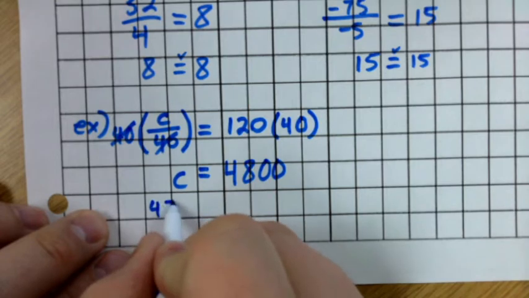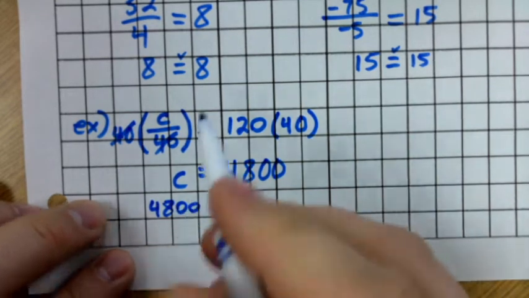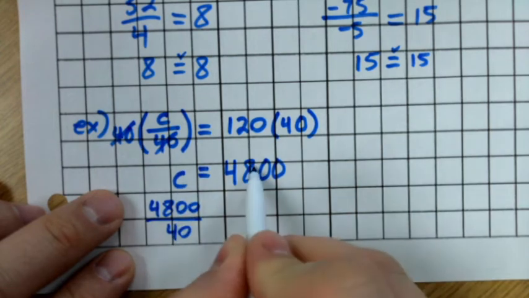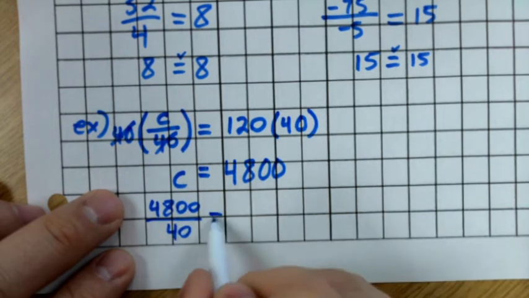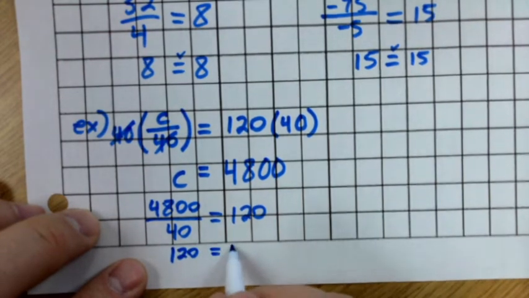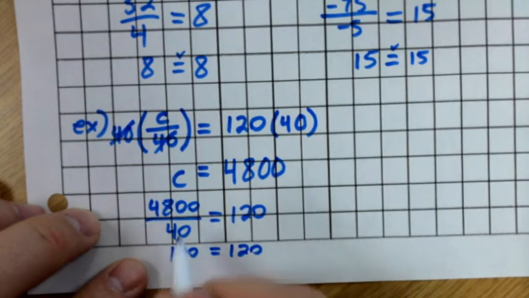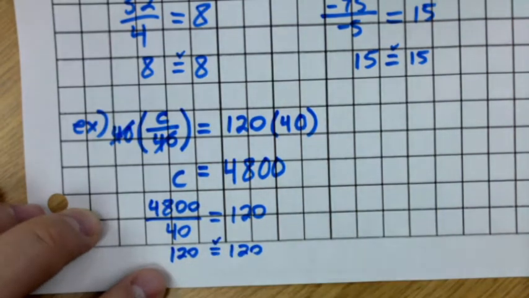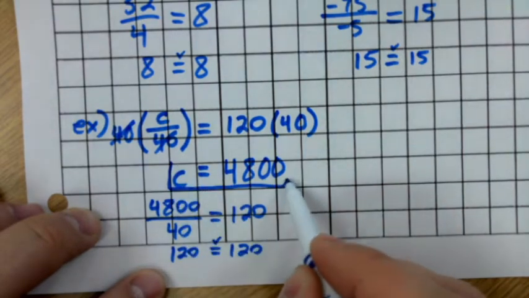We take our original equation, which was c over 40. So c is 4,800 over 40 equals 120, and we can do some math. And yes, that is actually 120, because 4,800 divided by 40 is 120, and it is verified. Don't forget your boxes around your answers.